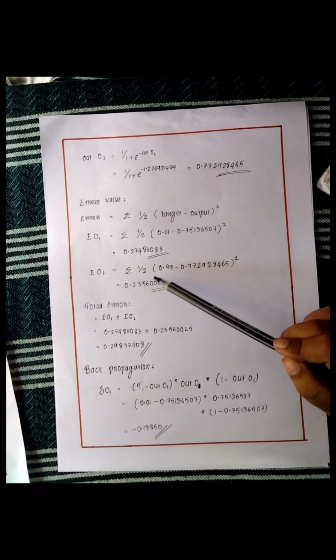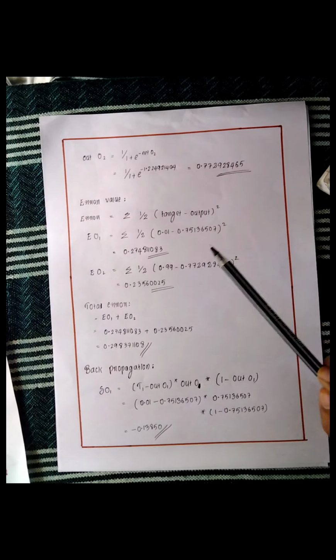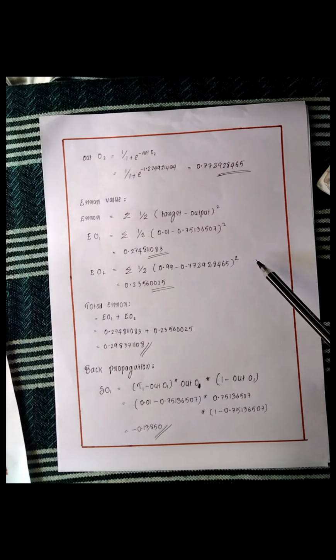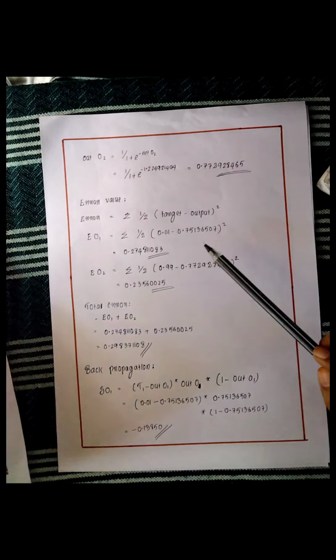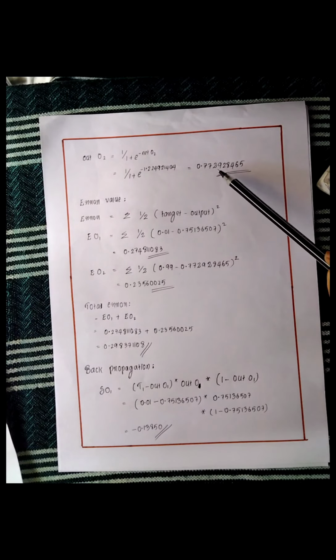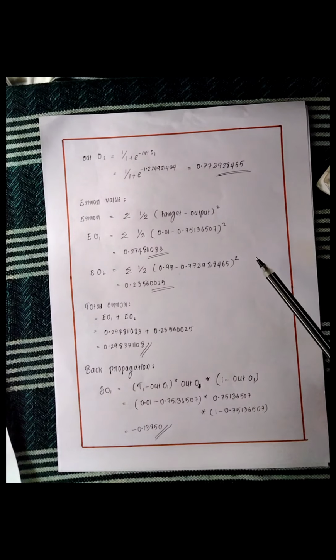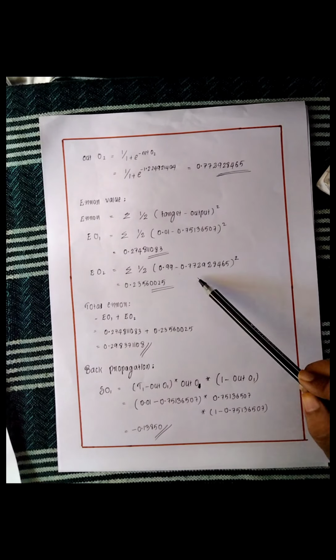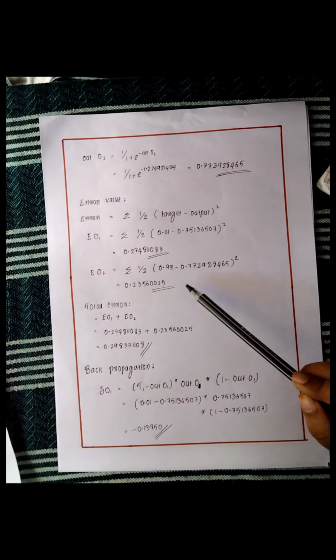Error O2 is half into the target value 0.99 minus output O2, 0.7729284665, squared, which is equal to 0.23560025.